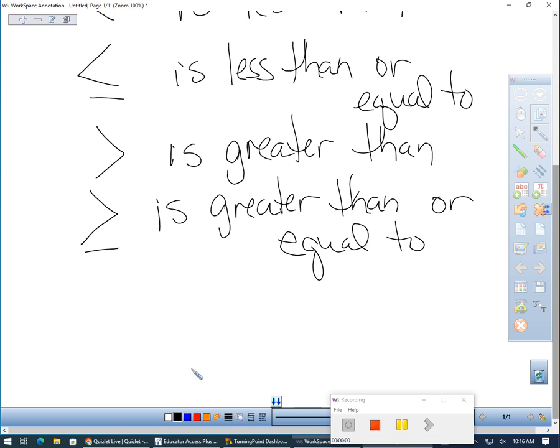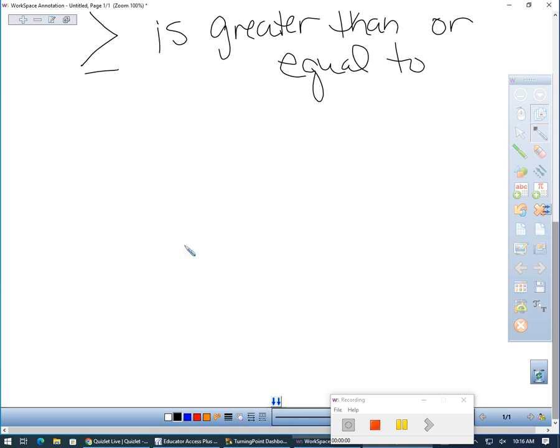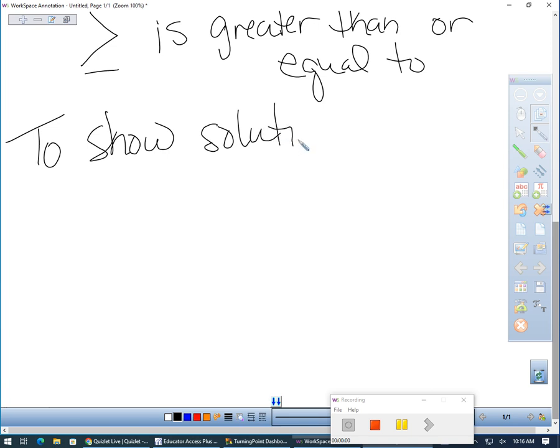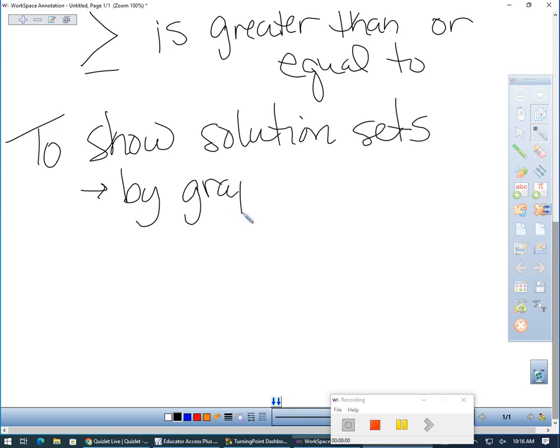Now, to show solution sets, we are going to do it 2 ways. One way, the way you already know, is by graphing. When you graph an inequality, that goes on a number line.